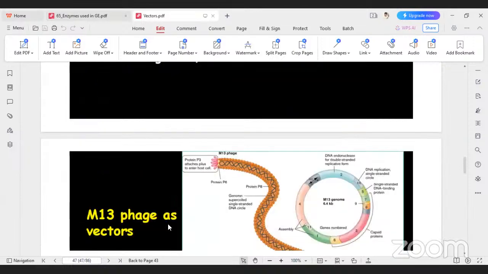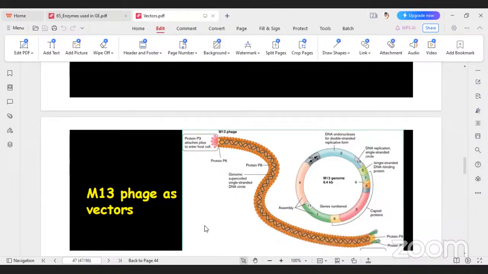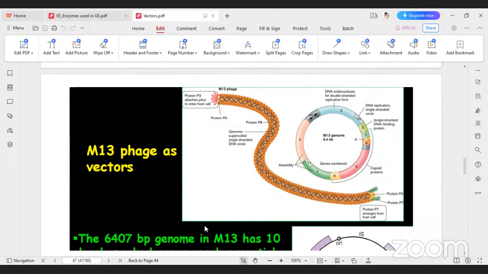M13. The M13 bacteriophage vector is a filamentous bacteriophage of E. coli and contains 7.2 kb long single stranded circular DNA.